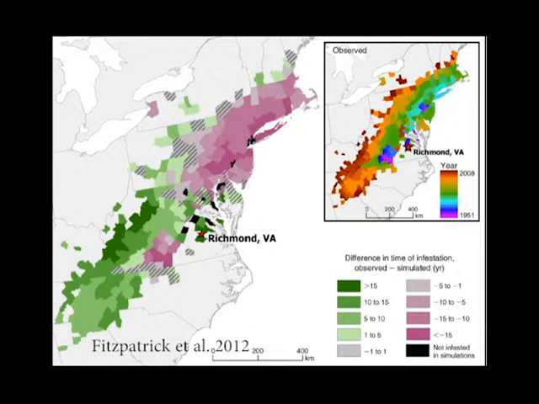Now, even though it took Hemlock woolly adelgid quite a bit longer than we expect for it to get established in the southern Appalachians, unfortunately, as soon as the insect did arrive, it has been extremely destructive, probably because there is less control on the insect's populations in the southern part of eastern hemlock range than in New England. In New England, every couple of years, and this is going to be true for the 2017-2018 winter, low temperatures are damaging to the insect populations, and that slows the rate of spread.